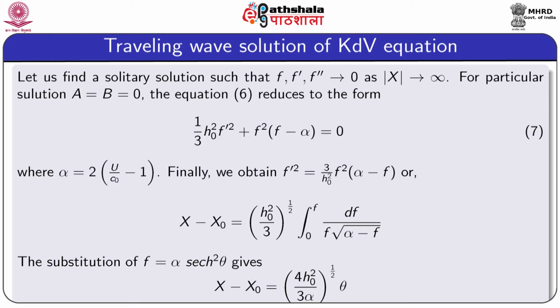Now, to find the value of this integral, we substitute f equals alpha sech squared theta. So, if you substitute that, the value of the integral can be obtained easily. So, after integration, it becomes X minus X0 equals 4 H0 squared by 3 alpha to the power half into theta.